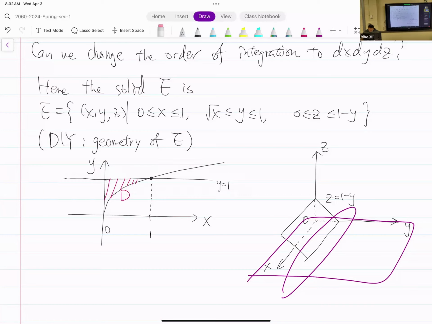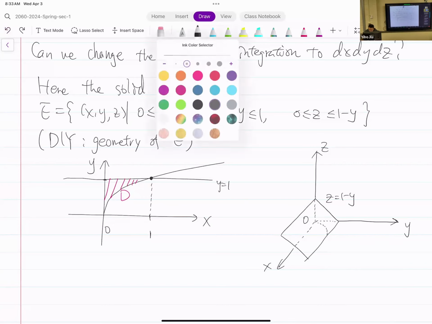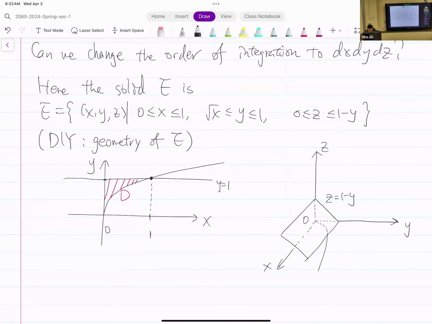Okay, so let's do that, like this. And that region D is this region right here. So this is 1. If you identify that intersection, that's (1, 1). So x equals 1 and y equals 1. So that's good.